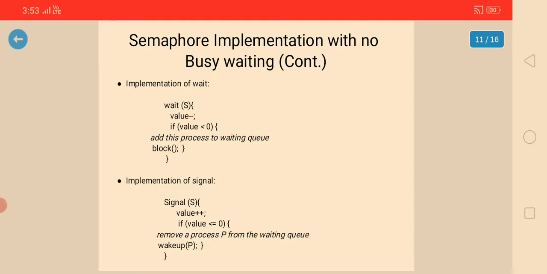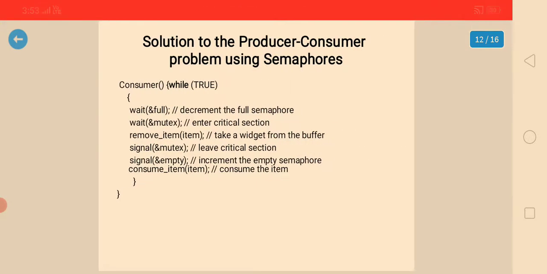If value is less than or equal to 0, remove a process P from the waiting queue and wakeup P. So here we are arranging for the next process to enter the critical section.